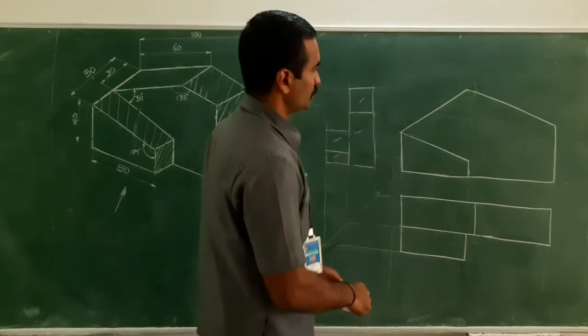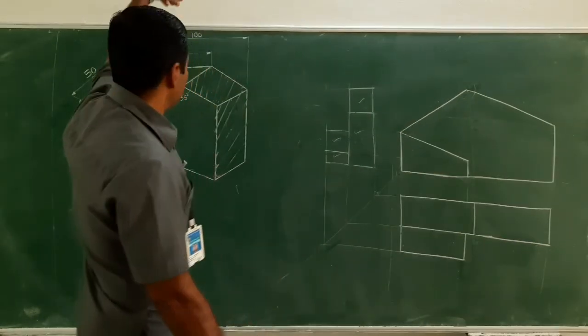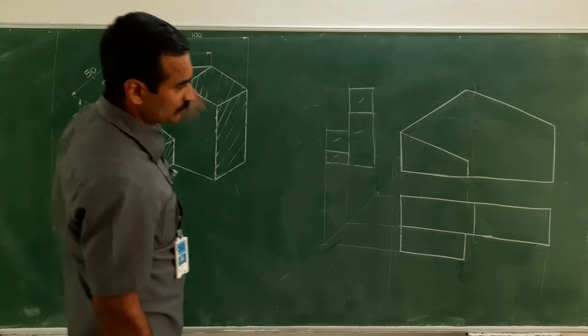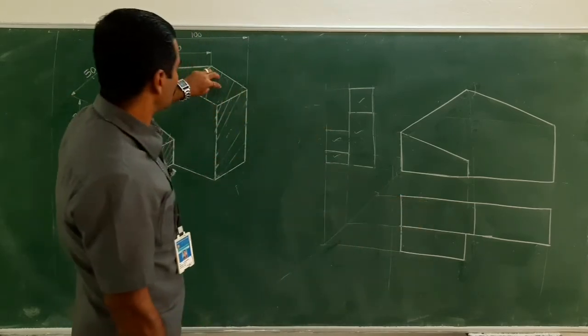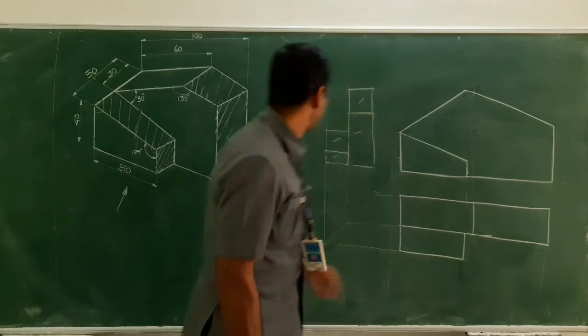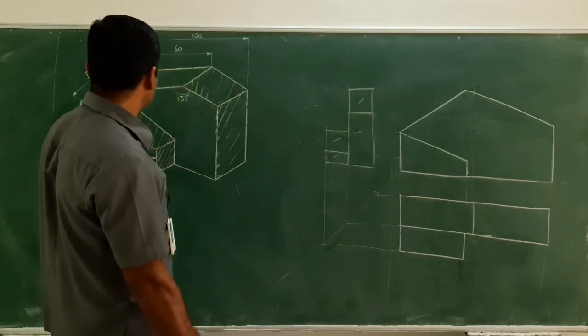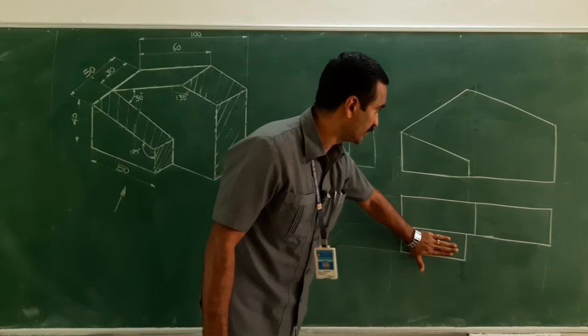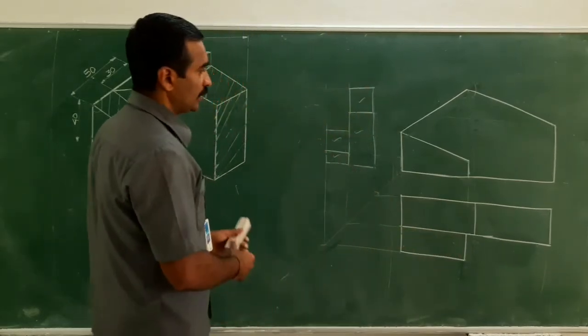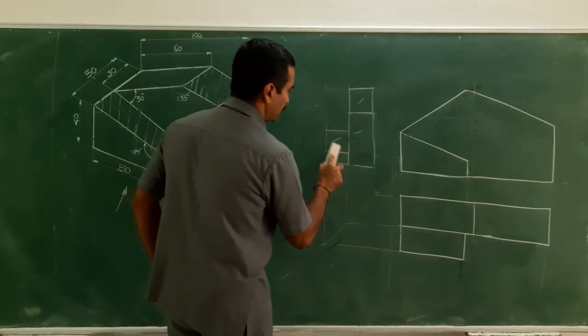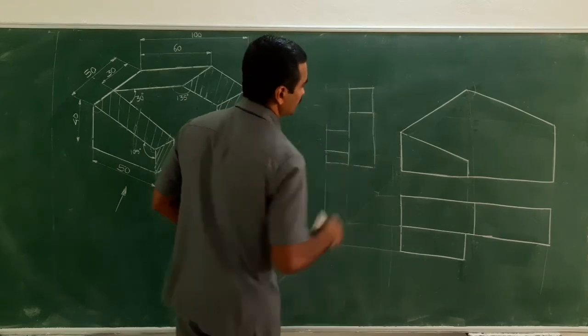Right? So top view, when you just look from the top, this portion is visible, which I captured here. This portion is visible, which I captured here, and this particular portion is visible, which I captured here, right? Let me just move to the side view, that is the right hand side view.